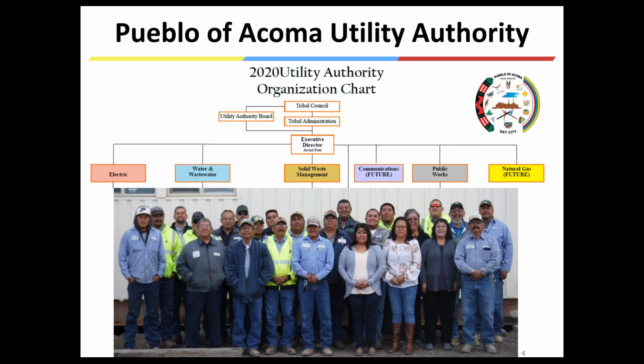And then our newest addition is the electric division here within the utility authority. We do have plans, and we are working on projects right now for expanding our utility authority to include communications. I think that was mentioned at the start of this presentation.